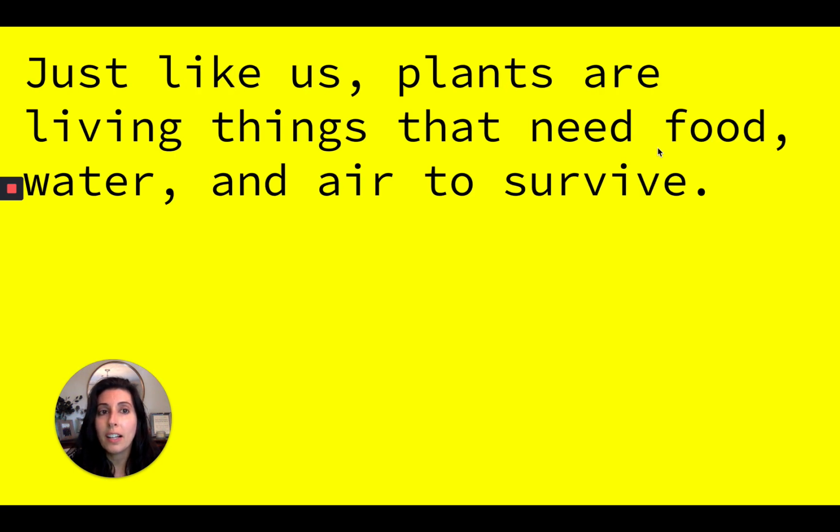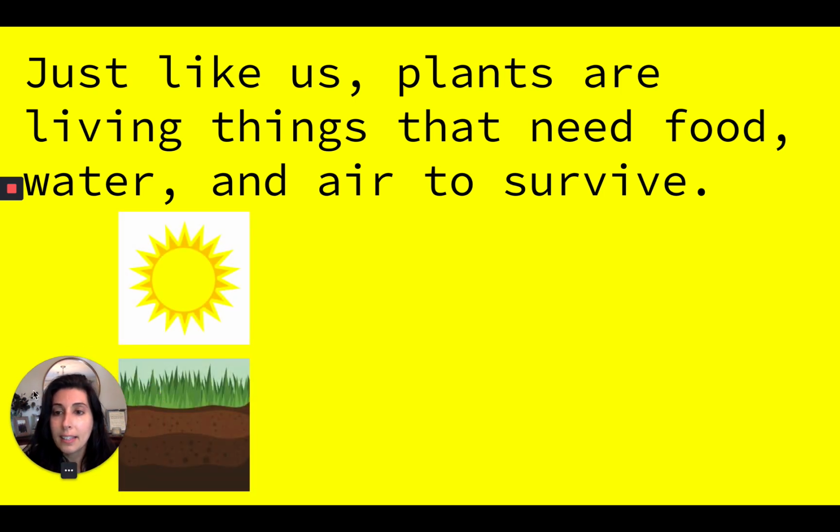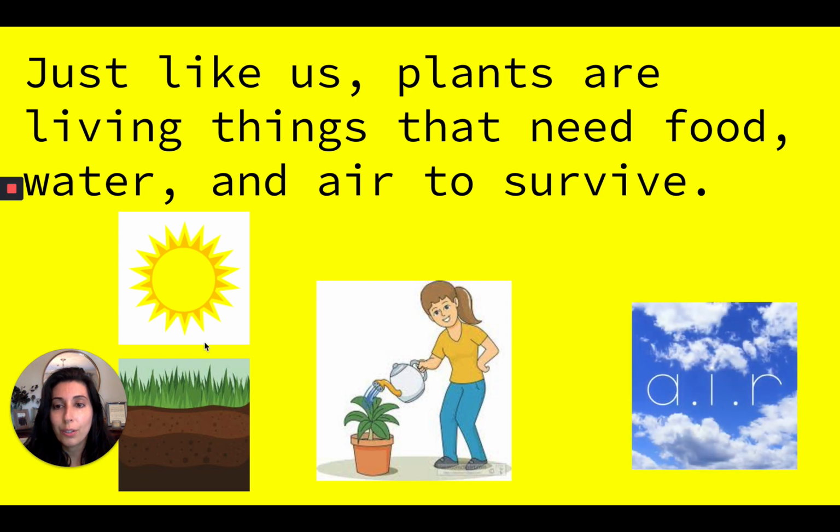Well, just like us, plants are living things that also need food, water, and air to survive. But plants don't get food in the same way that we do. Plants get their food from the sun and from the soil. And they also need water, and they also need air.